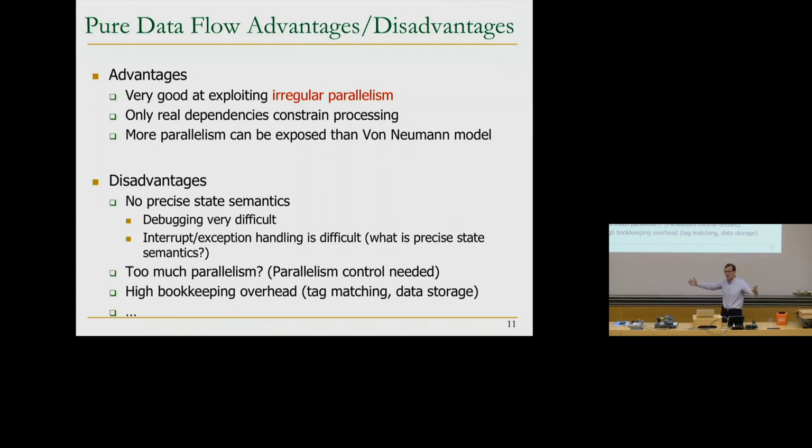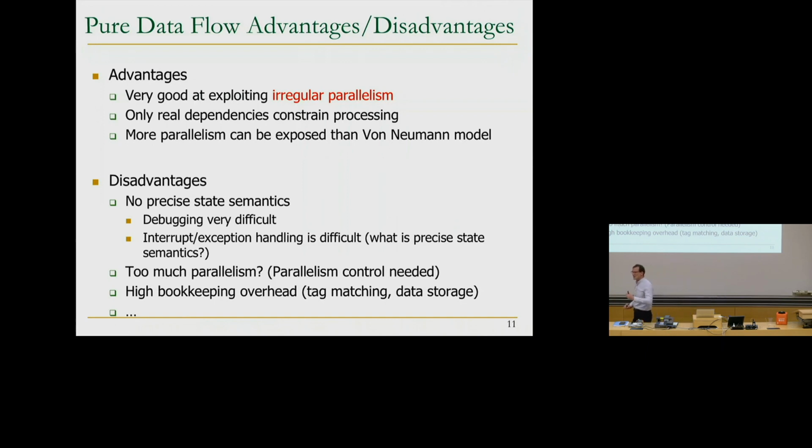You have this huge data flow graph, and somewhere in the middle of execution, this mess happened. How do you actually reconstruct the state? And interrupt and exception handling is also difficult because precise state is required for that, right? Okay, but there are some solutions to the interrupt exception handling, but it's very, very complicated, which we're not going to get into.